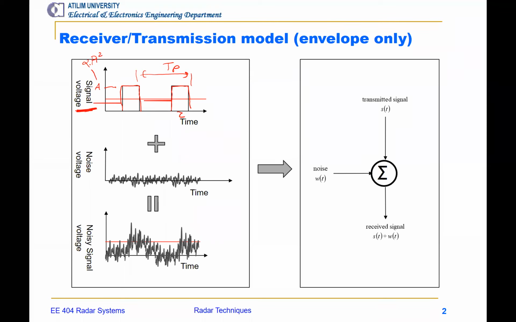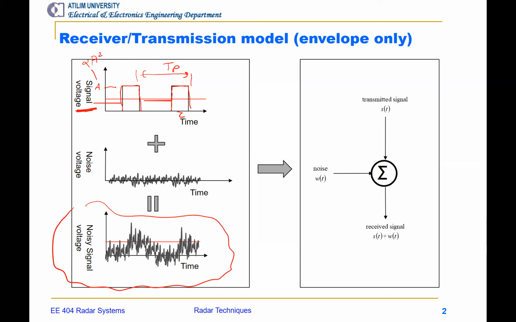And we got noise, as usual, due to the electronic circuitry that we used at the receiver or in the system. And usually we have a noise superimposed on the signal, so the received signal looks like this.